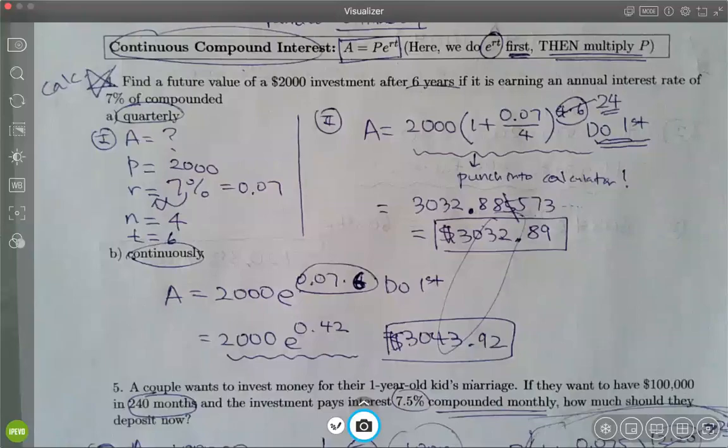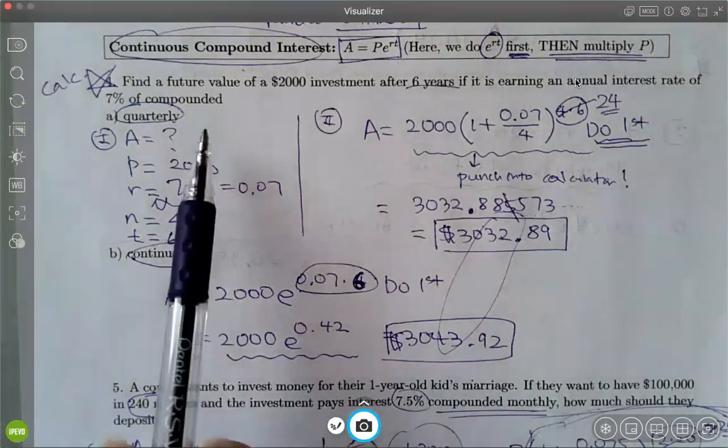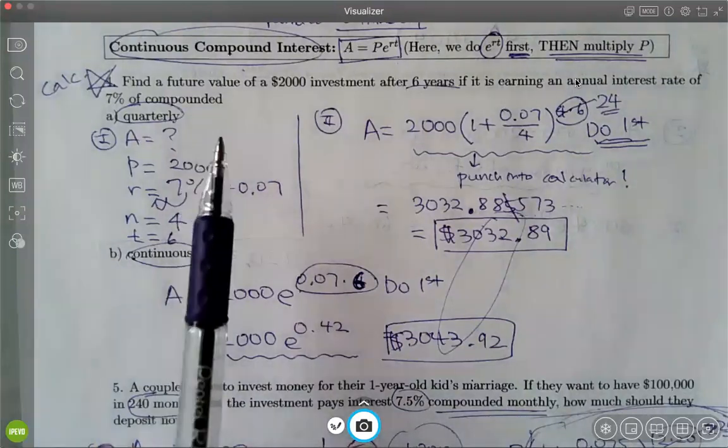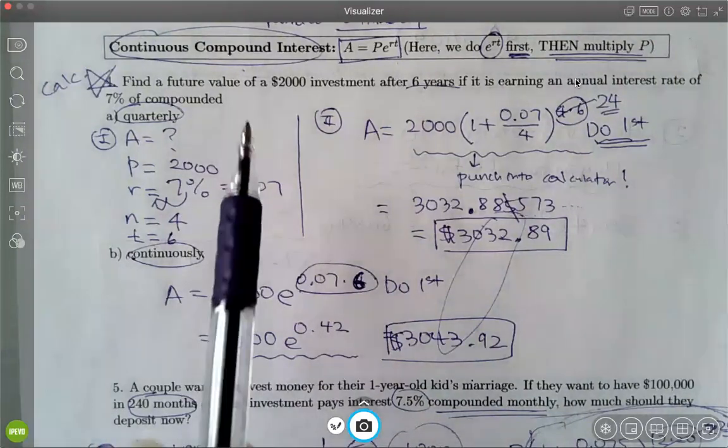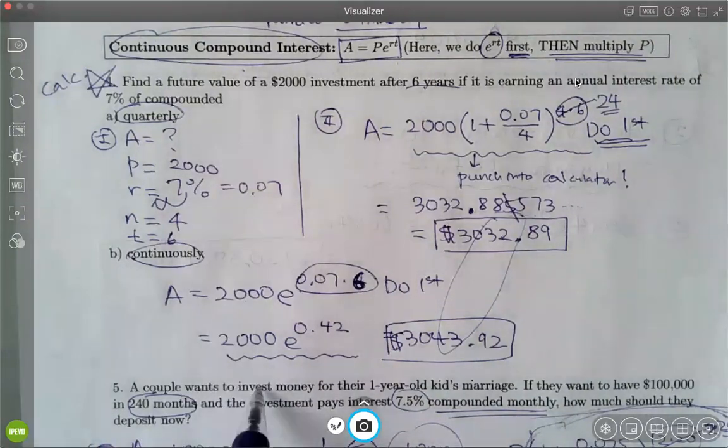Okay, so before we start, let me go back to the previous section 4.2. For this problem, the very first problem that we did for the compound interest formula, yesterday I said that this is the most important problem among the three problems about the compound interest formula.